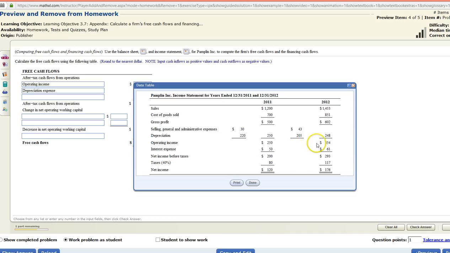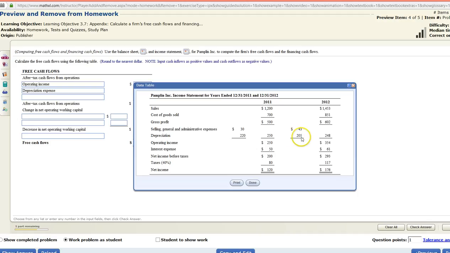Depreciation expense is not so easy to see, because this table has 4 columns, but I think the 4 columns are there because this 250 is the sum of the two numbers here. That's the total operating expense. So we just need to look at this column here.